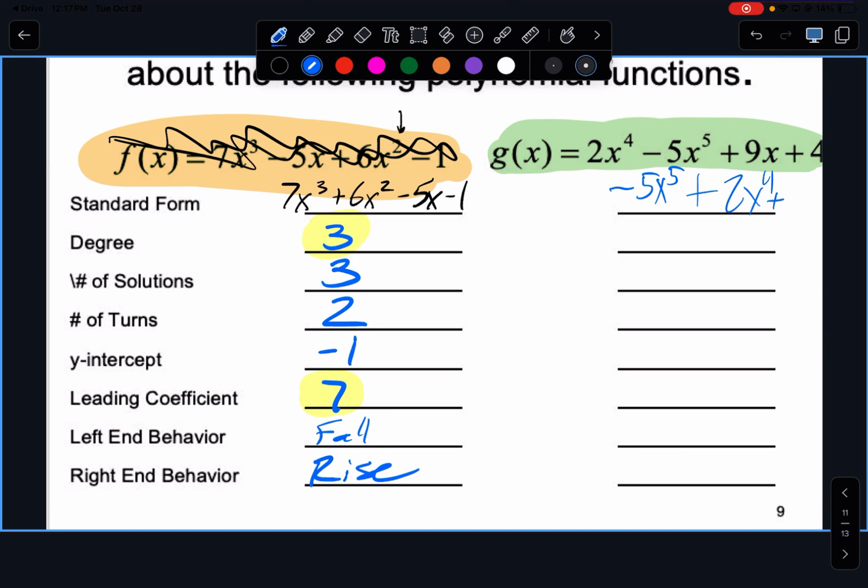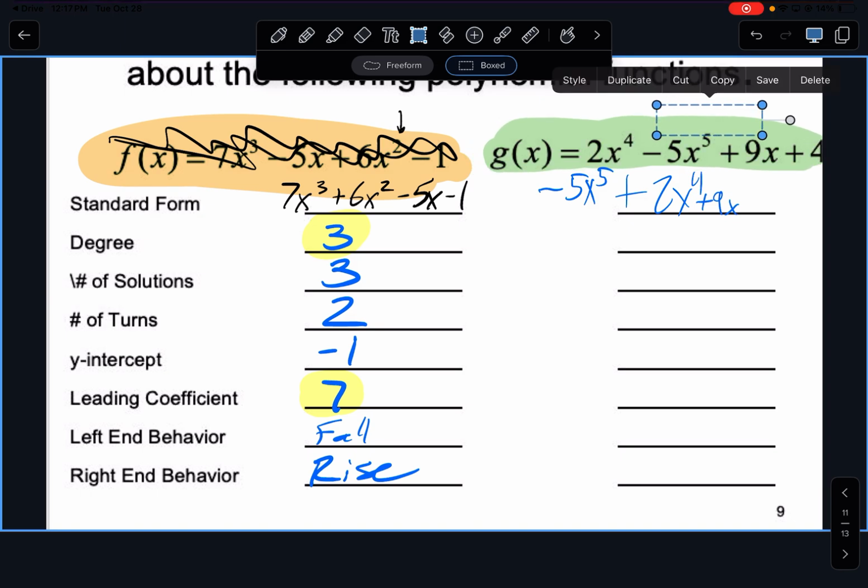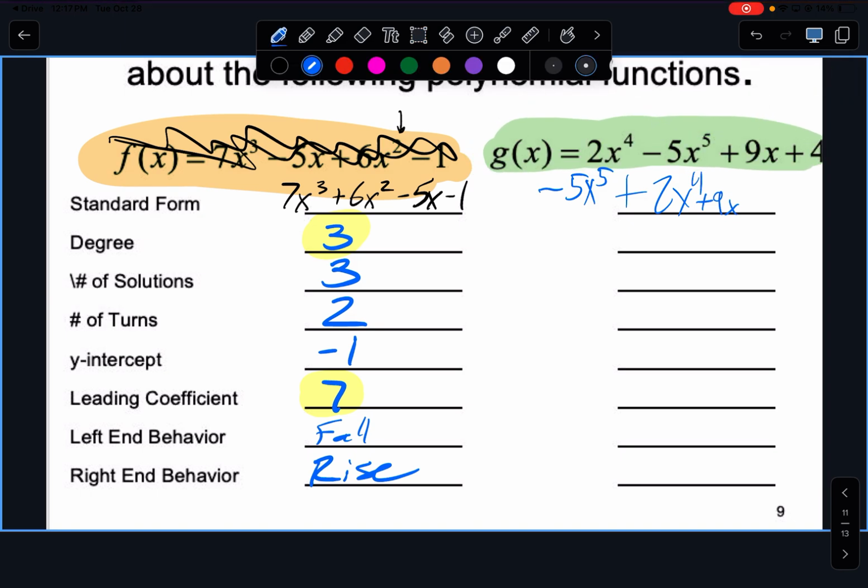Let's see that quick. Okay, Cam, who are you passing it to? So we've got negative 5x to the 5th plus 2x to the 4th plus 9x. What's our last term? Great.